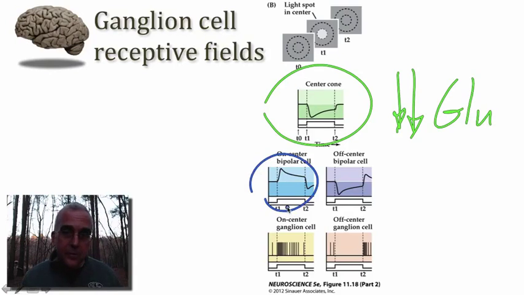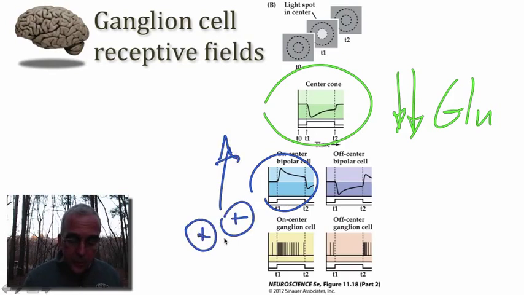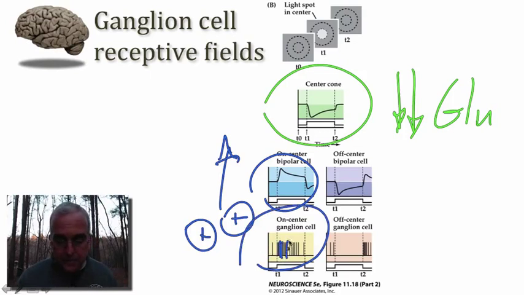Remember, the metabotropic receptor mediates hyperpolarization, so if you withdraw the transmitter that's interacting with that receptor, then this cell is going to depolarize. It will release its neurotransmitter, which leads to the activation of this on-center ganglion cell. And that cell now responds to the illumination of the center of its receptive field.